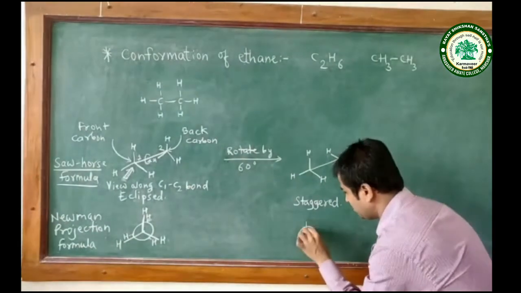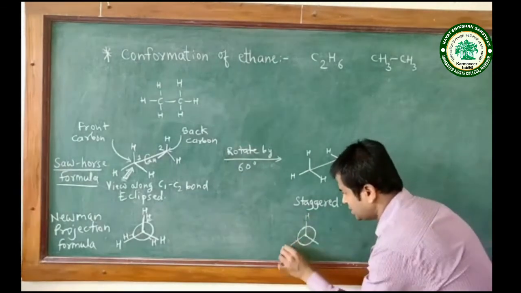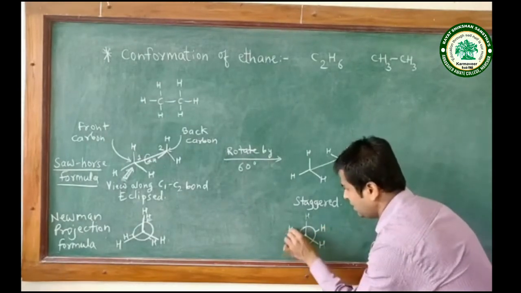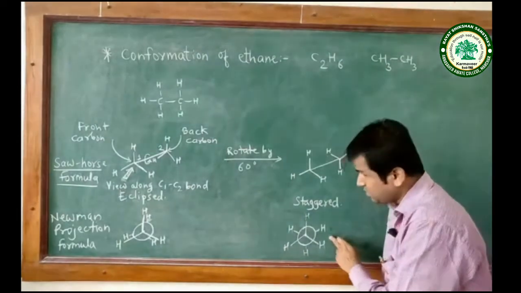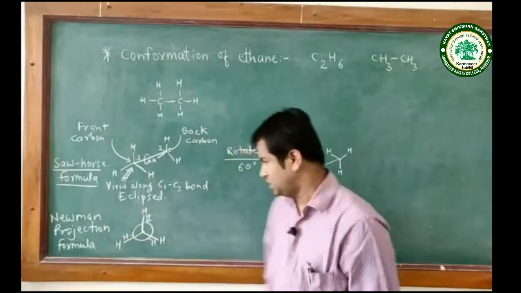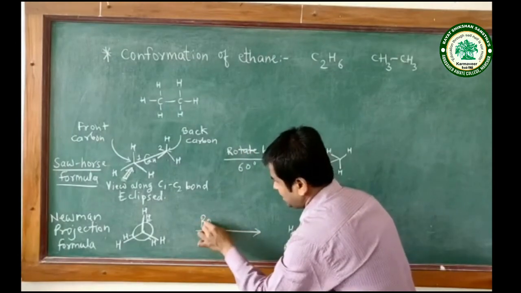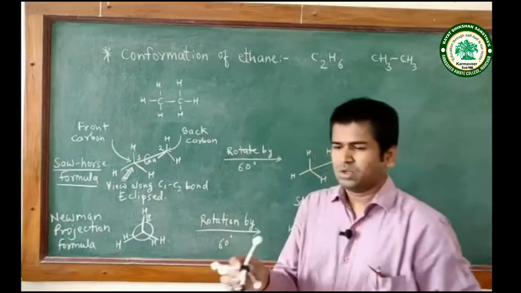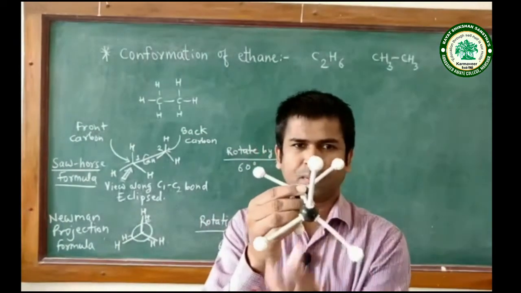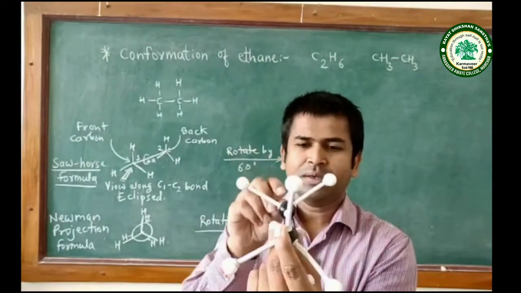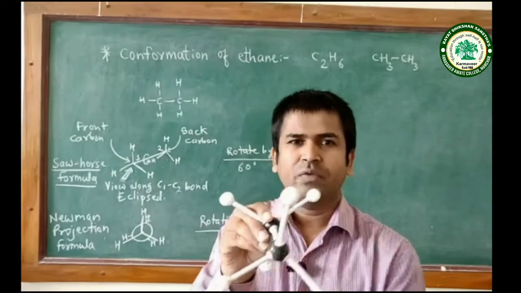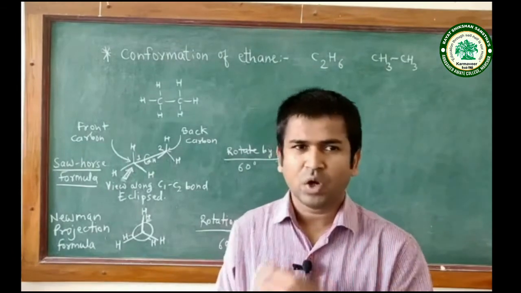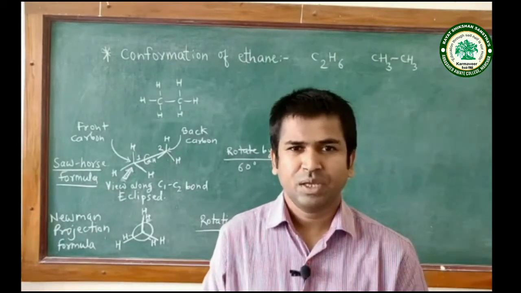A center point, carbon number 1, is fixed while the back carbon is rotated. So we get this structure. So this is the staggered conformation in the Newman projection formula. The rotation is the same, by 60 degrees. So when we go on rotating carbon number 2 by 60 degrees, we get different conformations of ethane. Getting this? So now we draw the different conformations of ethane.